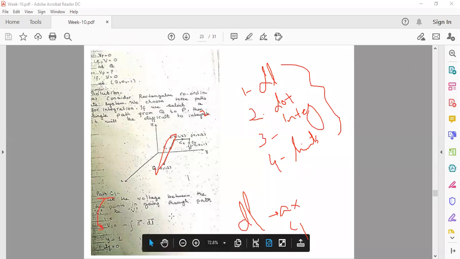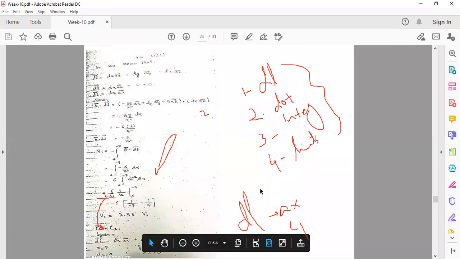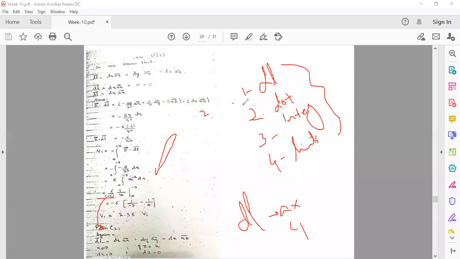So dL is along aX. So the first step was solved. Now the dot product of E and dL. Only the x portion will be multiplied, because if you multiply the aY portion and aZ portion with this, it will be 0 due to the dot product. So applying the dot product, we will get this.